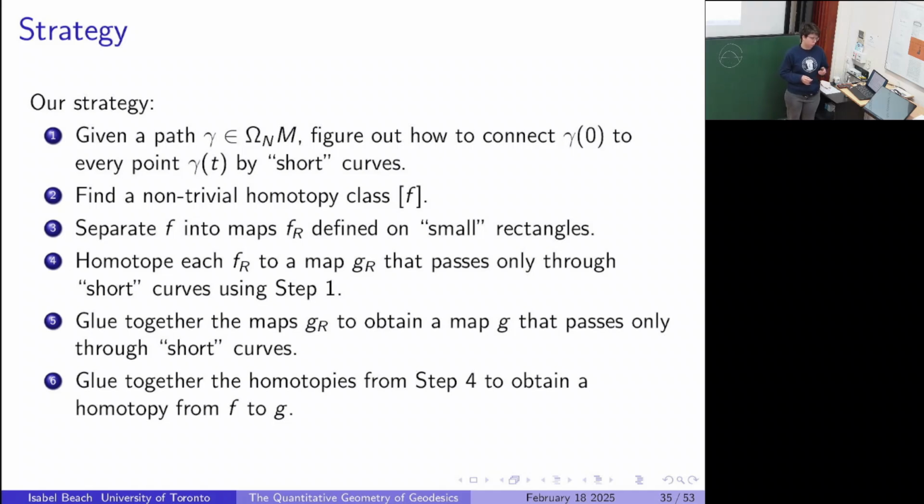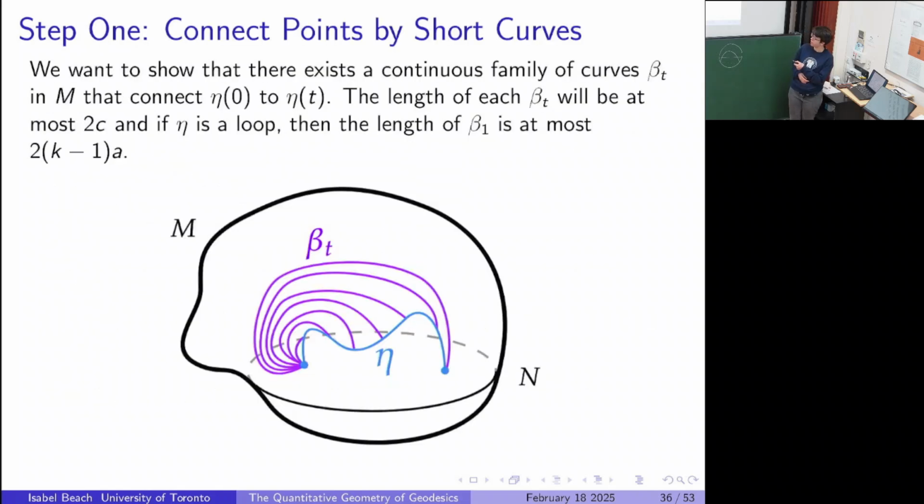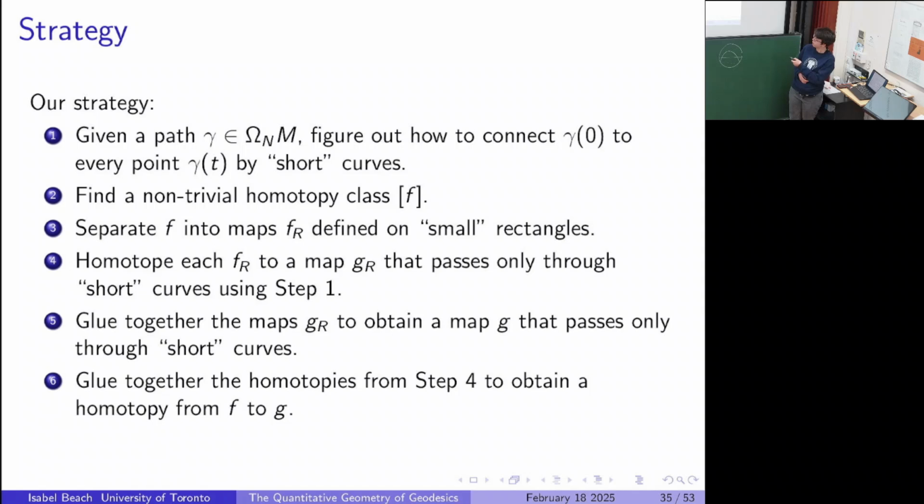So the first thing we do to make this representative that passes through small curves is we chop the domain into small rectangles. And then on each rectangle, we homotope F to a map that passes only through short curves using our lemma from step 1.